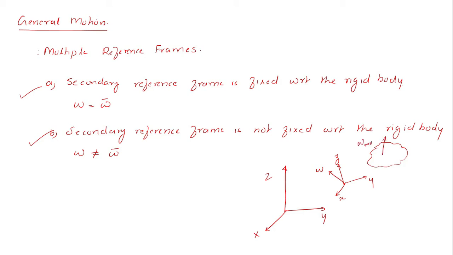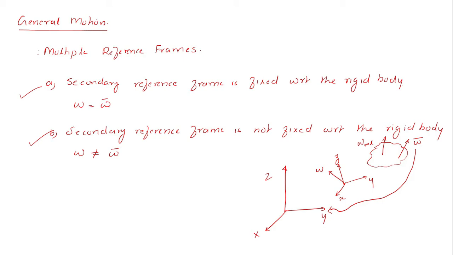omega relative (REL) with respect to this moving reference frame, or in other terms, this value can be expressed in terms of omega bar with respect to the fixed reference.